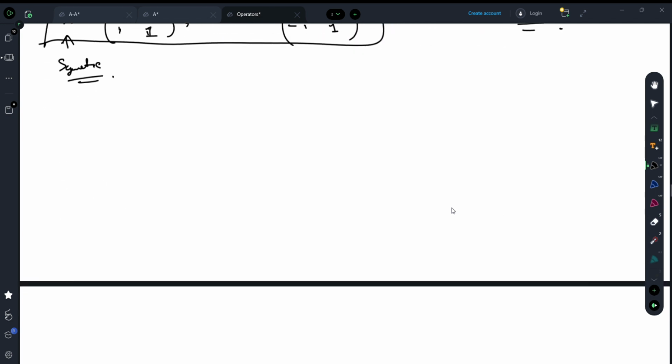Okay. Now I'm giving a brief definition of an important concept of operators, which is the concept of positive definiteness. I won't spend much time here. I will just give the definition and some important properties of it.